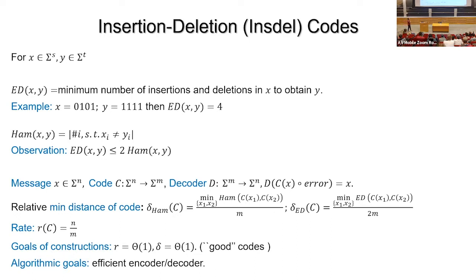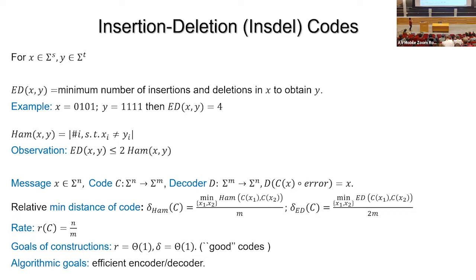We encode messages of length n over alphabet sigma into code words C(x) of length m. And we would like to have this associated function D, which given as input C(x) outputs back x. And we actually want more from this function. We want it to output back x even when there is some error in the encoding.